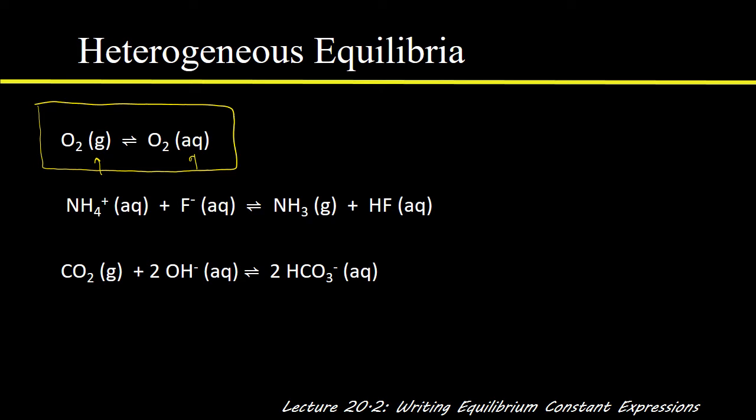If we've got a reaction like this and we're writing our equilibrium constant expression, again, as always, it's just the products divided by the reactants. Our product is soluble oxygen.